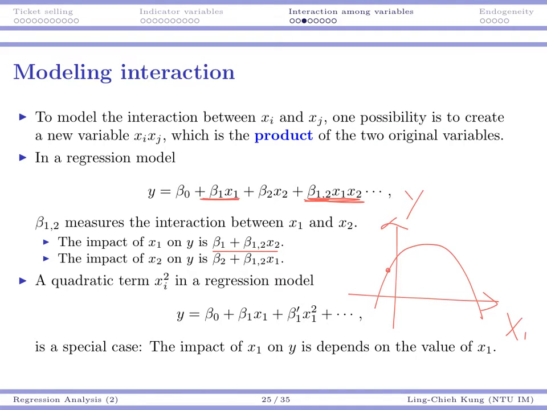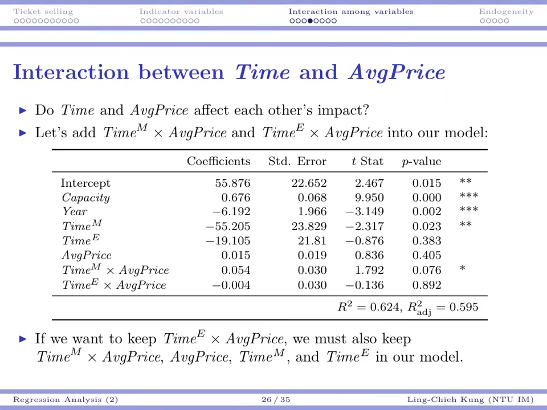The impact of x1 depends on the current value of x1. The same thing here: the impact of x1 depends on some other variable, and it's not constant throughout the whole space. So that's how we model interaction. The answer is very simple. If you have two variables and you suspect that the impact of one variable on the dependent variable depends on the other variable, then you add a product term to the model.